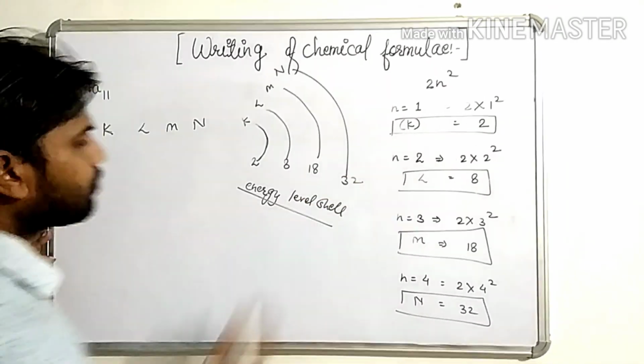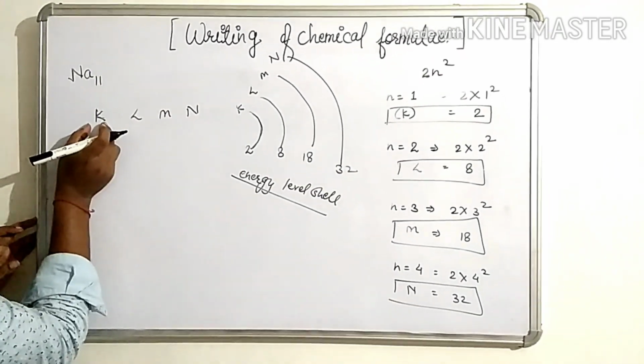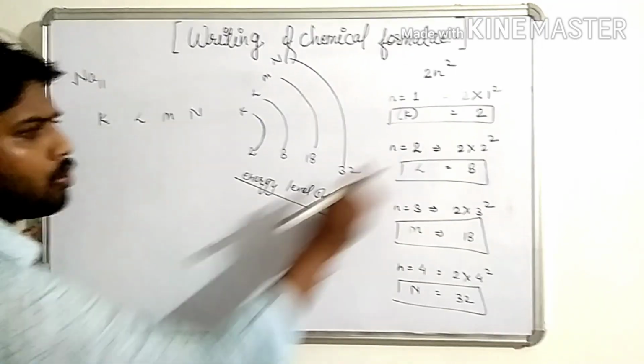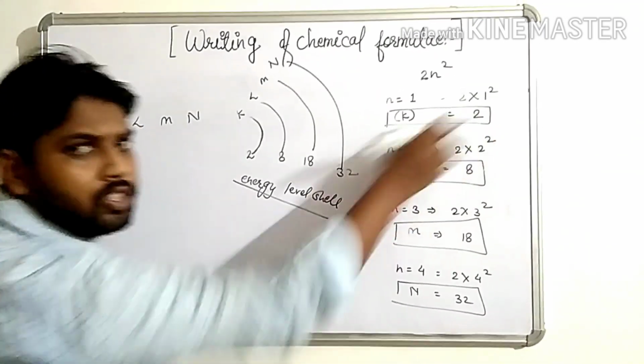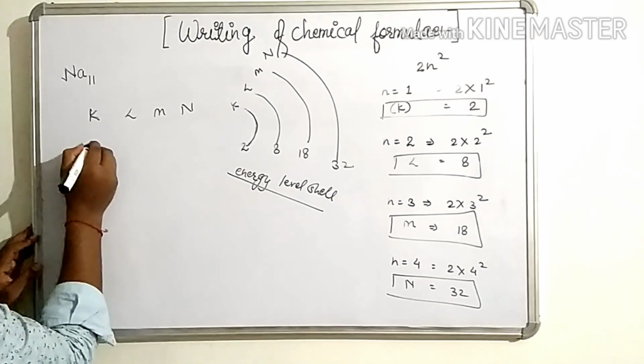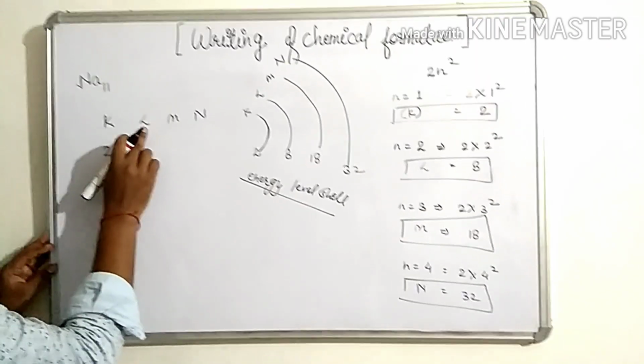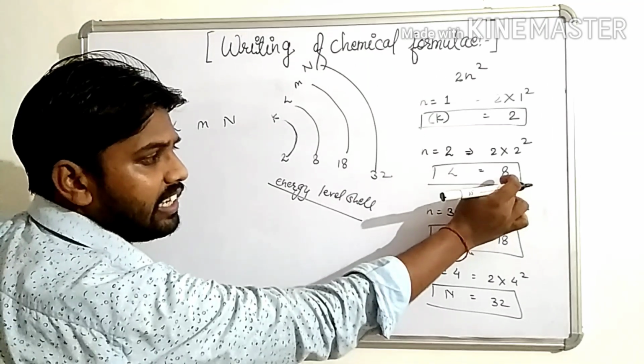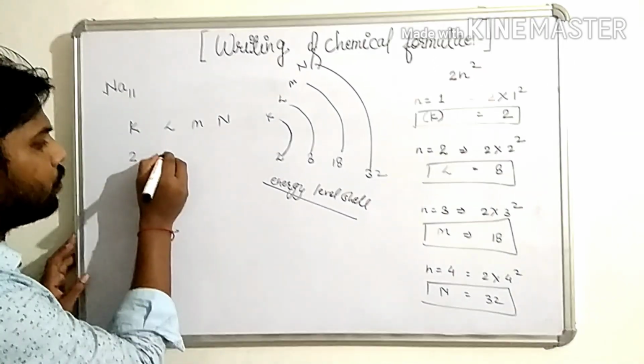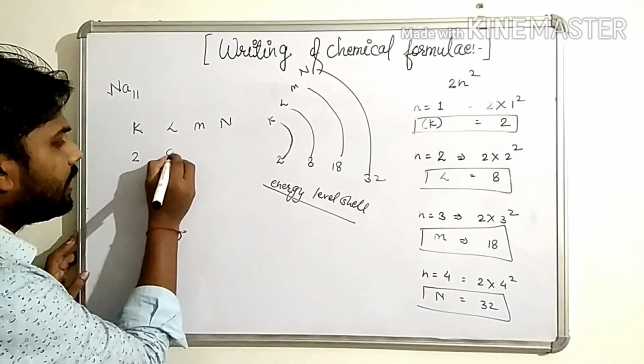Now K shell, K can accommodate 2 electrons, so we will fill 2 electrons. Okay, L shell accommodates only 8 electrons, so we fill 8 electrons.